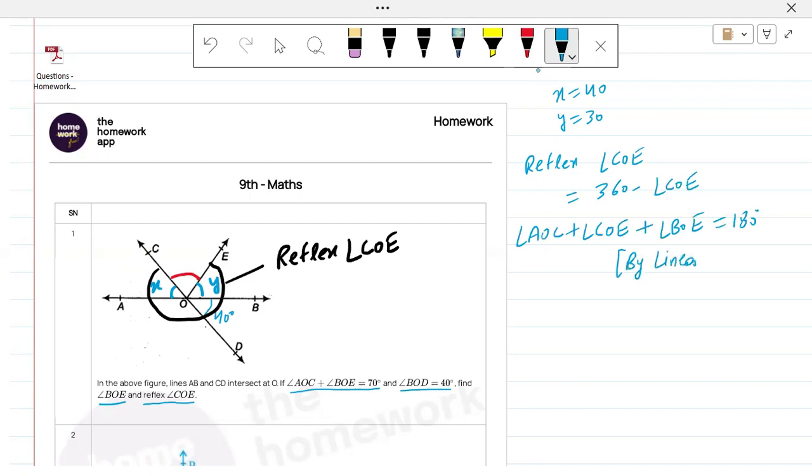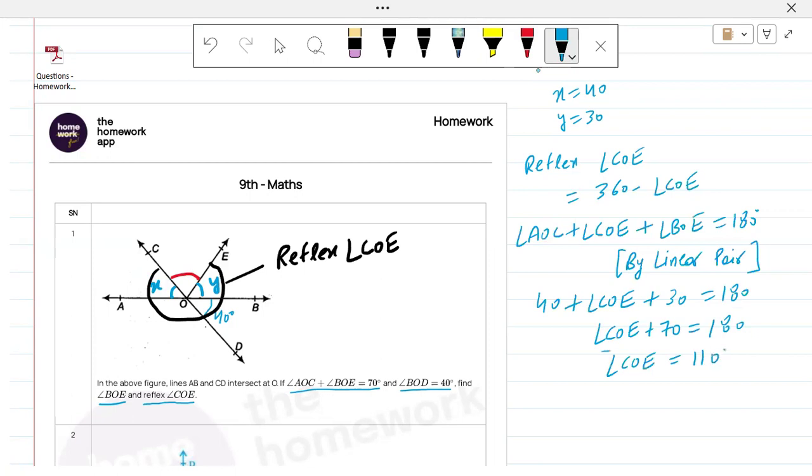You already found the value of angle AOC, which is X, that is 40 degrees. Angle COE we need to find, and angle BOE is equal to 30 degrees, which you found previously. The sum is 180 degrees. So angle COE plus 70 is equal to 180 degrees. So angle COE is equal to 110 degrees.